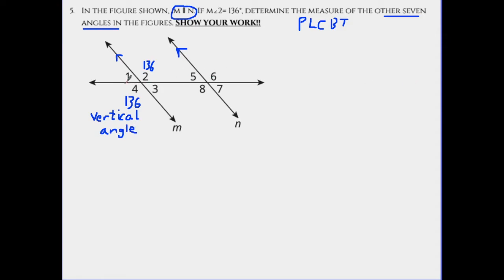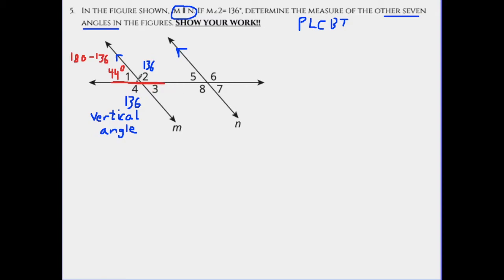And then we also know that a line, so if I can just imagine this line here, for angles 1 and 2 together is 180, right? So if I do 180 minus 136, we'll get the remainder. So 180 minus 136, we get 44 degrees. And that's showing our work too there.